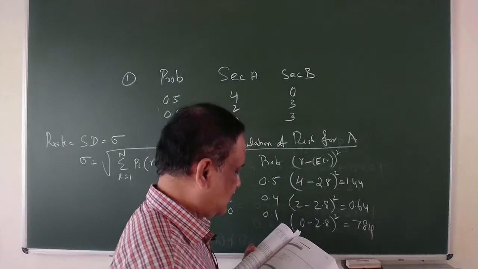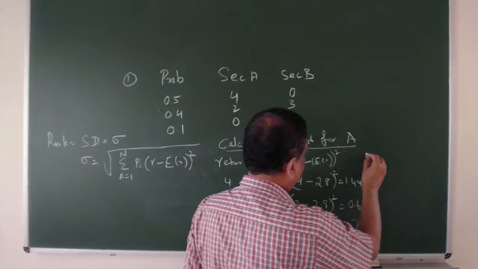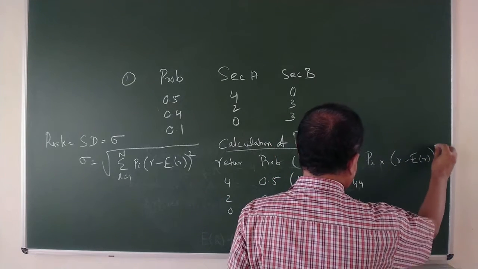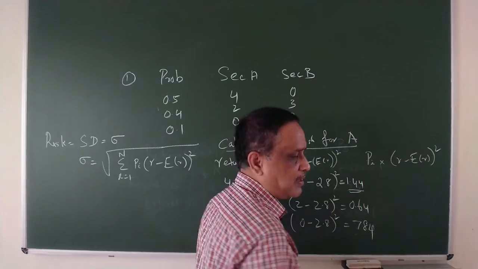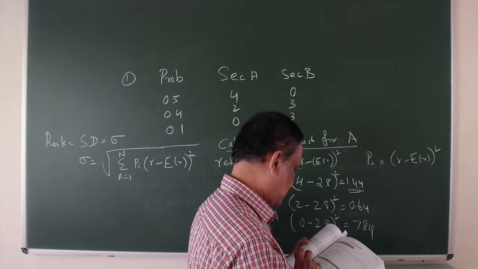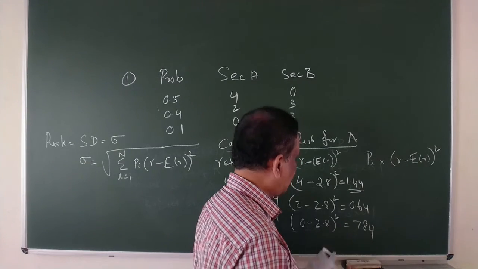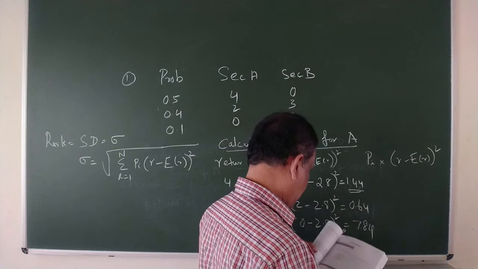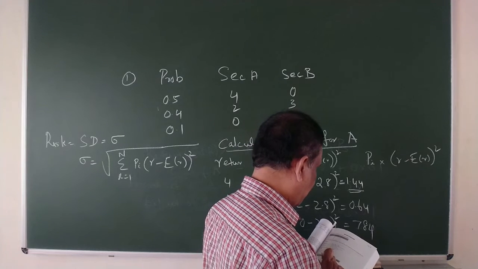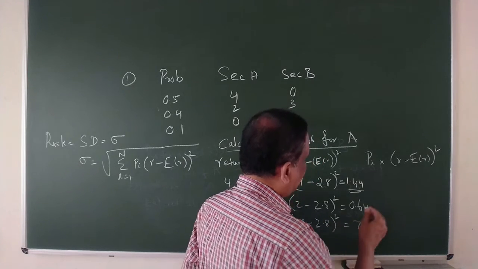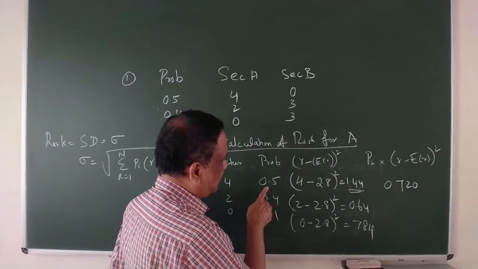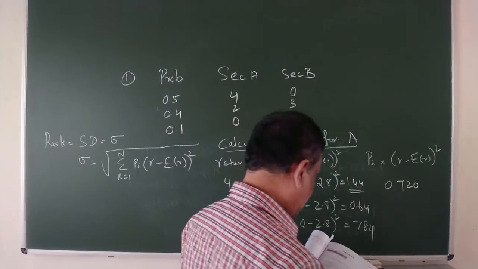So there are 3 terms, and in the last column you take probability multiplied by (R minus ER) whole square. So 0.5 into 1.44 is 0.720.